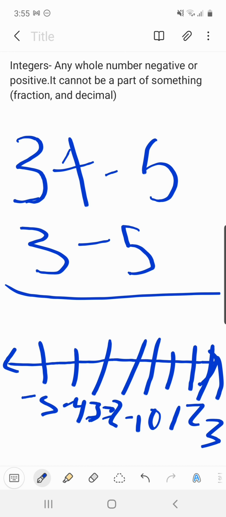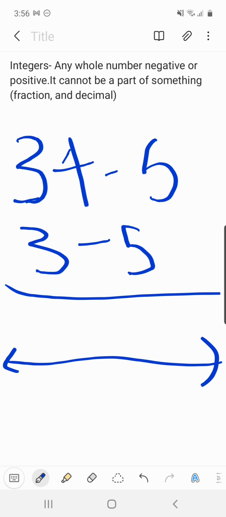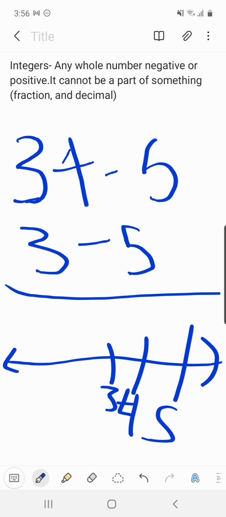Now, is that really going to help me solve it? No, it's not going to help me solve it. So that was pointless. You're not supposed to do it like that. What you're supposed to do is 3 right here, 4, 5. Now, you can do 5 subtract 3 and get 2. Easy.